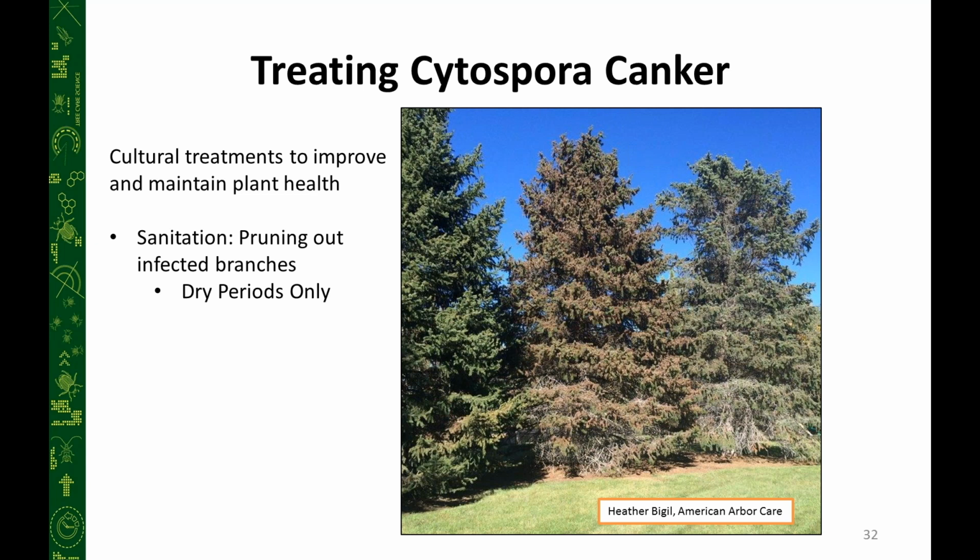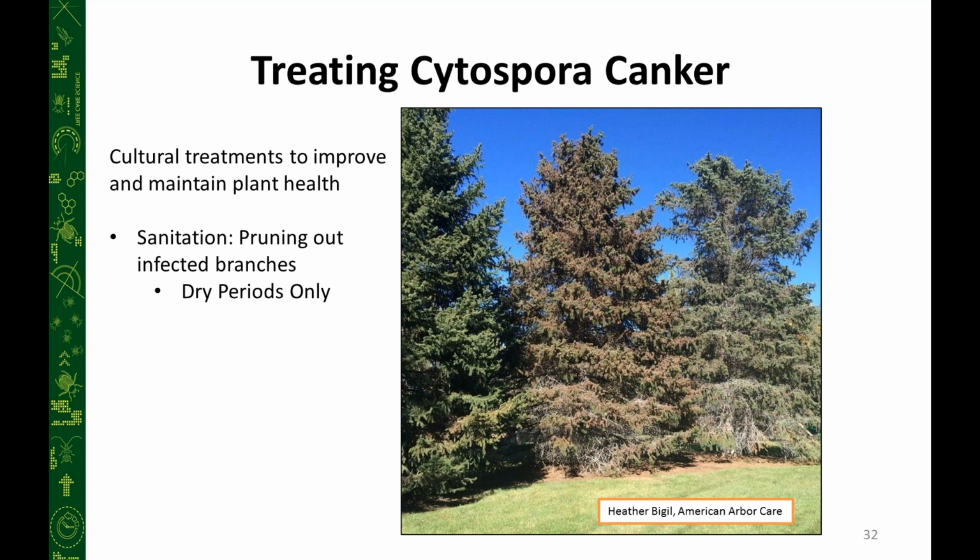A big part of Cytospora canker management as well is going to be pruning out the canker. We talk about this often with disease management, that any disease management protocol is going to involve removing the inoculum. In this case, Cytospora cankers are going to be in the tree, on the twigs.